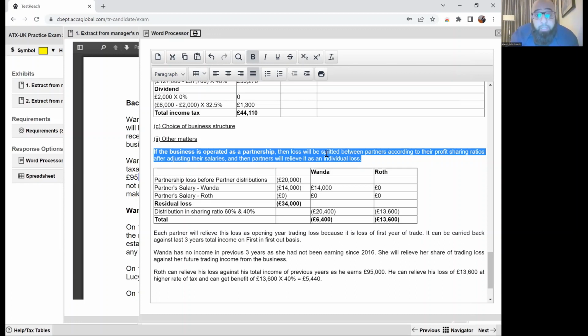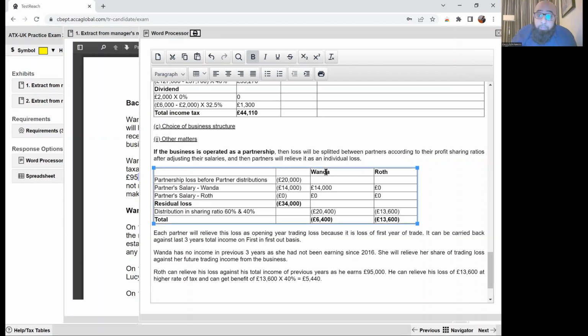The loss will be split according to their profit sharing ratio after adjusting their salaries, and the partners will relieve it as an individual loss. Vanda will first get a salary of 14,000, and then the residual will be split in a 60-40 ratio.